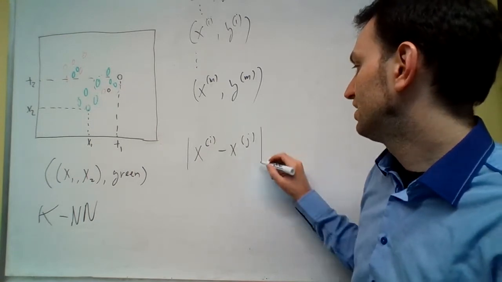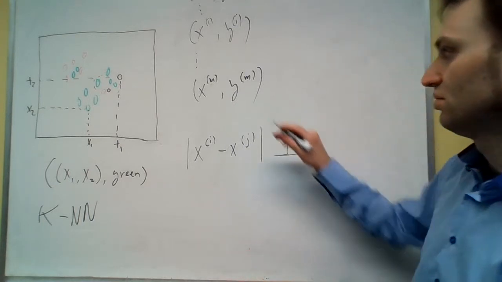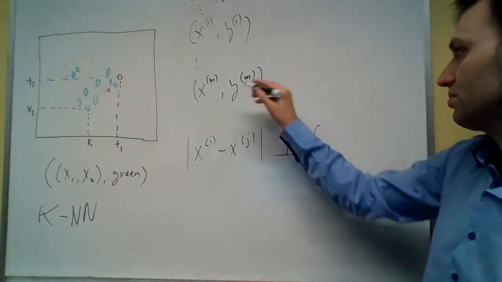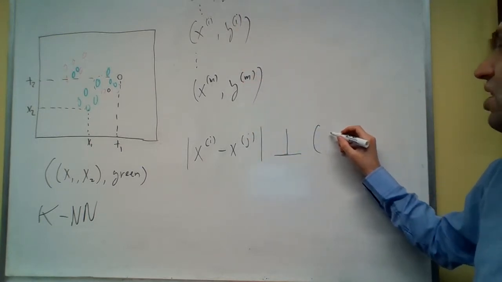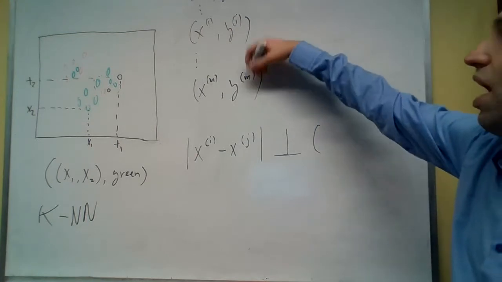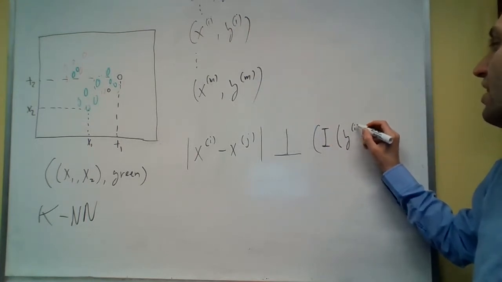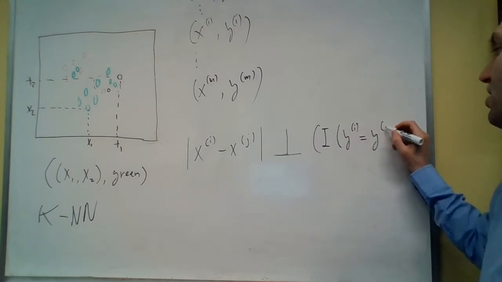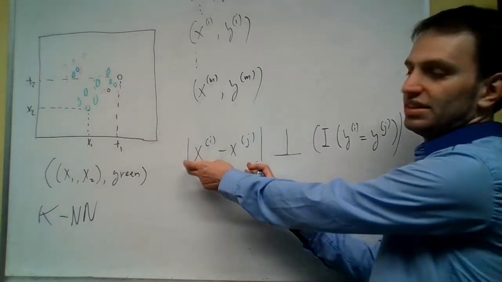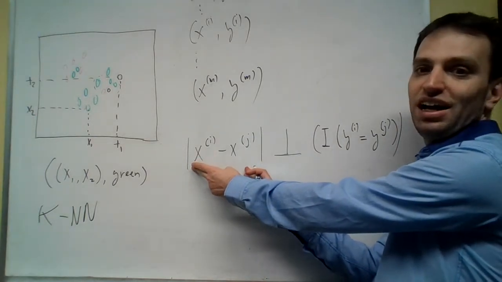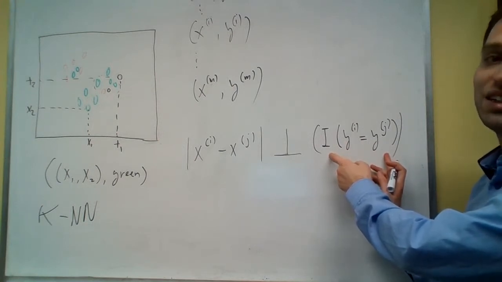And what you would say is that this distance should be independent of the y's, so it should be independent of whether y_i is equal to y_j. This is just a fancy way of saying that the distance between the x's has nothing to do with how similar or different the y's are.